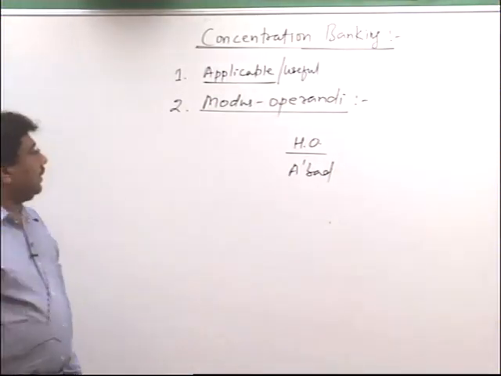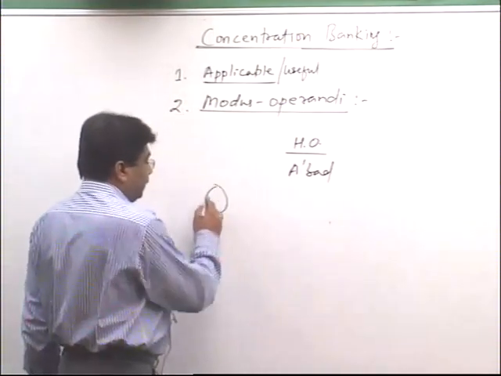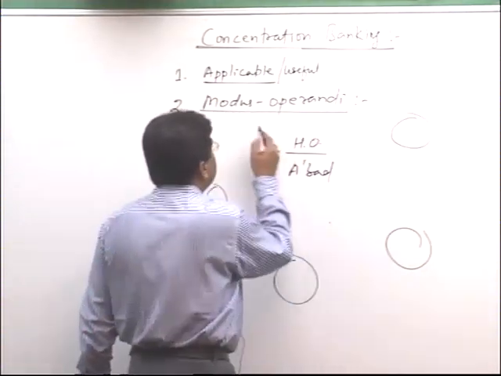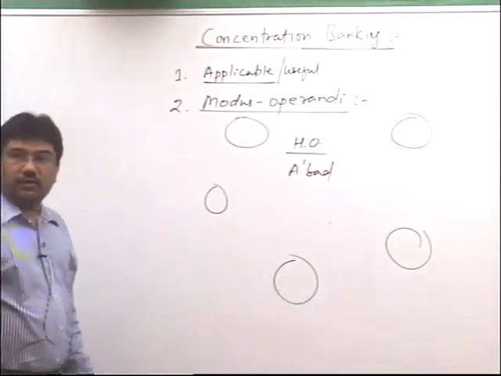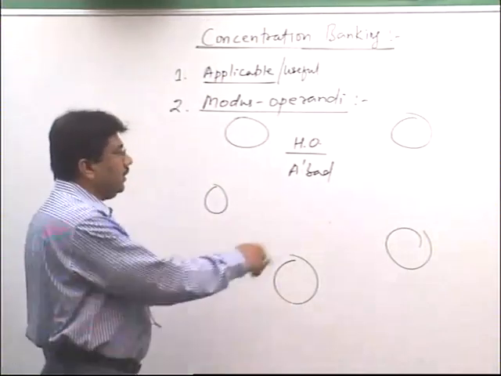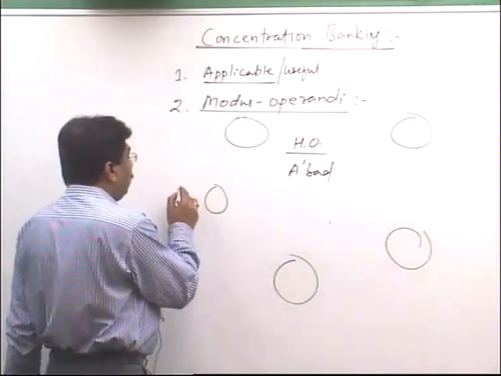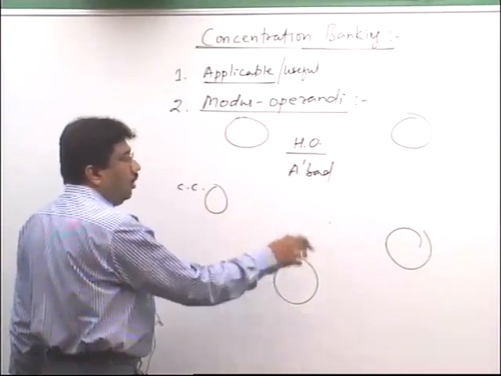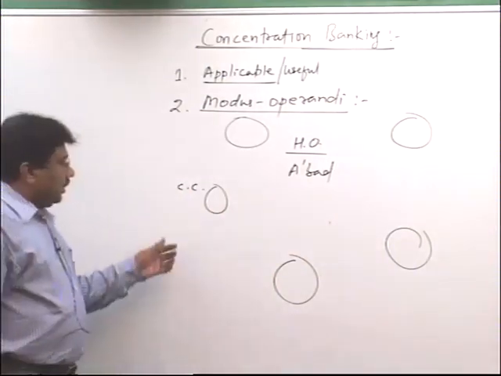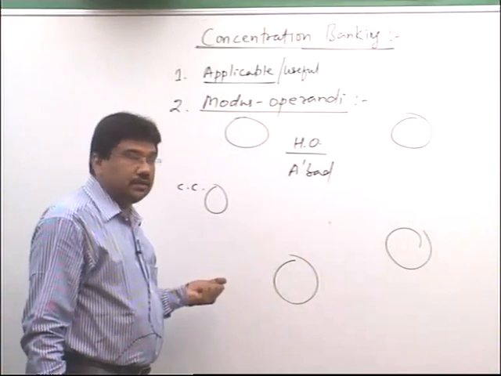Now the modus operandi is, first of all, you open your own collection centers at various places where your customer base is scattered. Say for example, you open collection centers in various capital cities of various states. So first, open your own collection centers at various cities or regions where your scattered customer base is located.